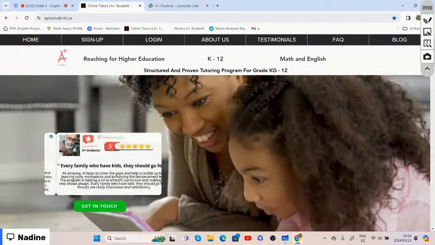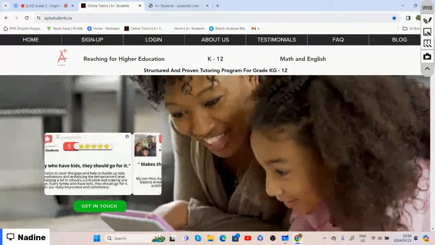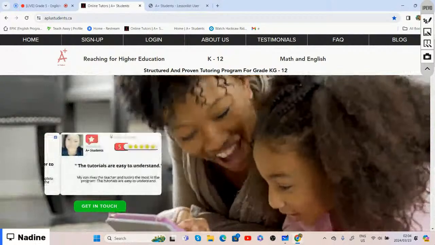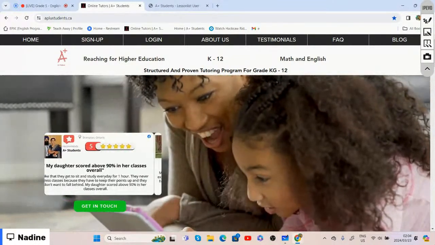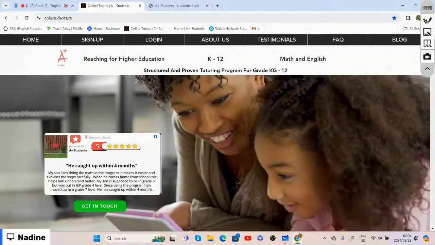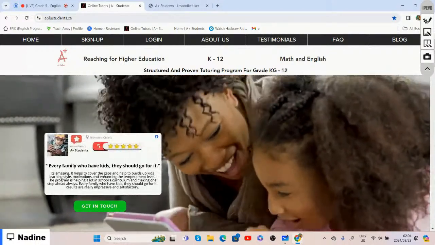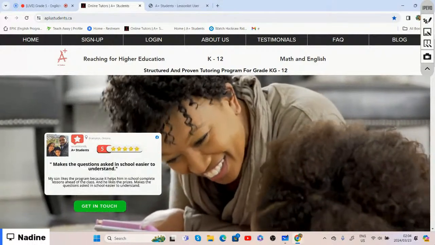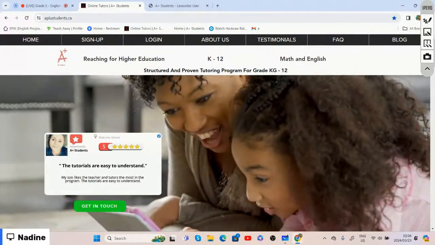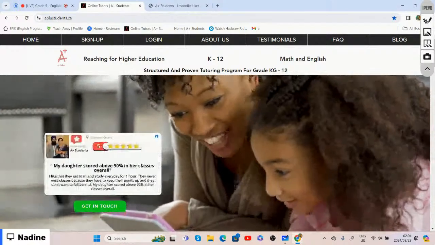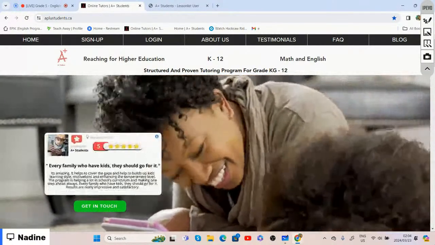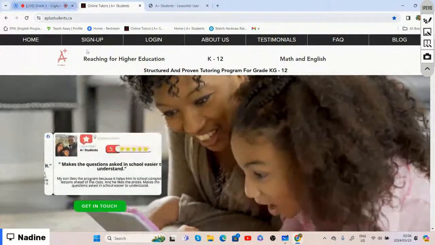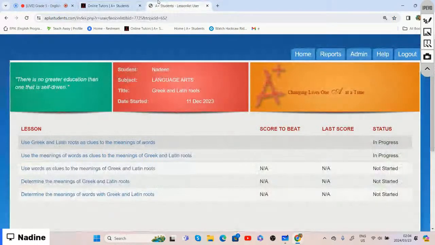Once we've logged on with our username, as well as our password, we're going to select the subject of language arts, grade 5, and then scroll down until we get to the chapter of Greek and Latin roots.